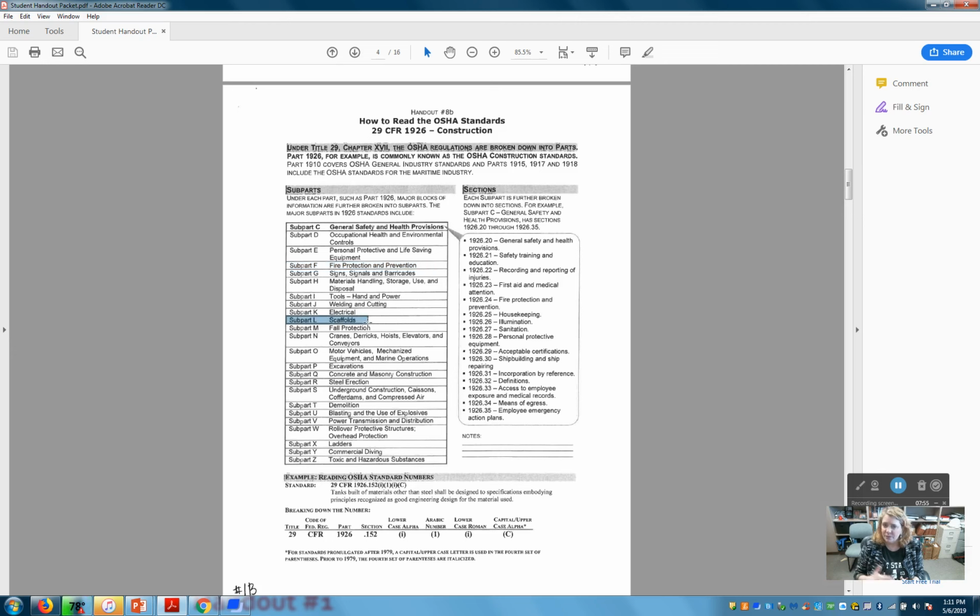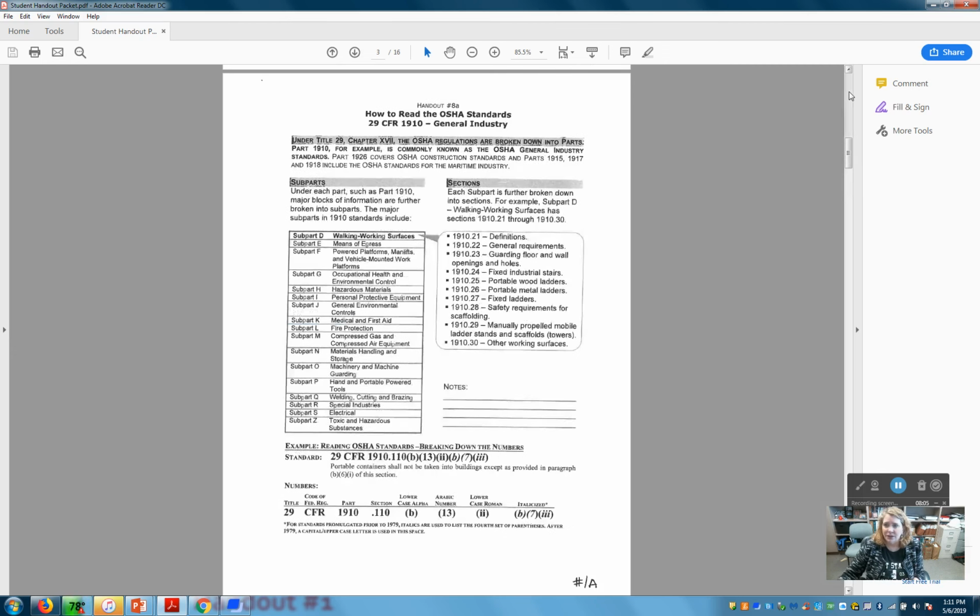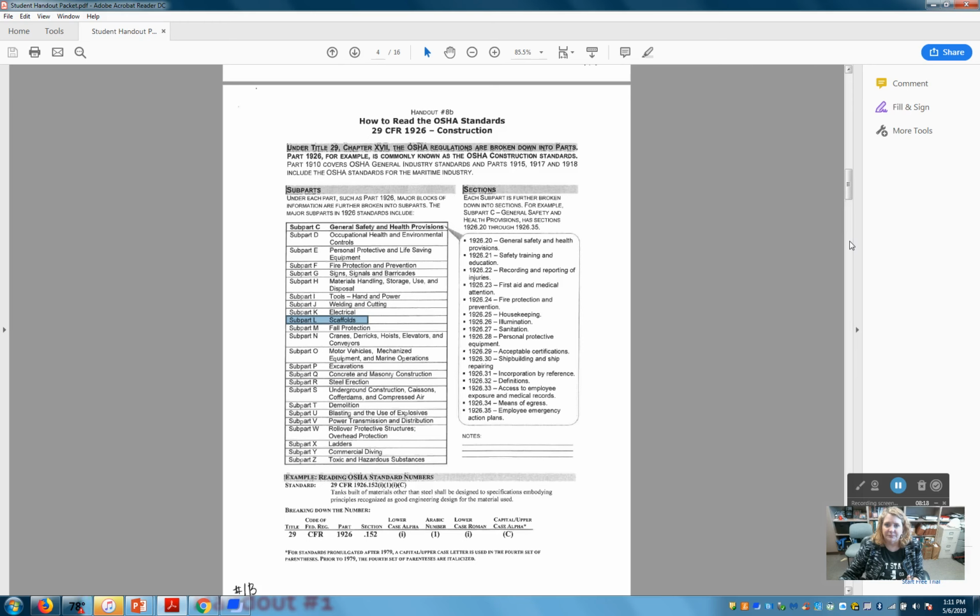Even though we're general industry, we have to follow the construction regulations. Same thing vice versa: construction has to follow a lot of the general industry regulations as well. So we have to make sure we're dipping one way or the other.